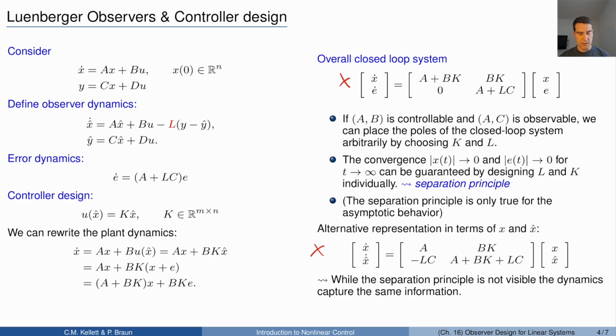That's equivalent, so we get an equivalent representation used for implementation of such an output feedback controller relying on a Luenberger observer. And also here we get that x hat converges to x, but the convergence is not as obvious from the matrix here.